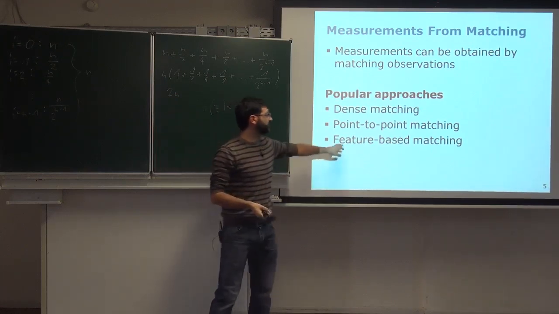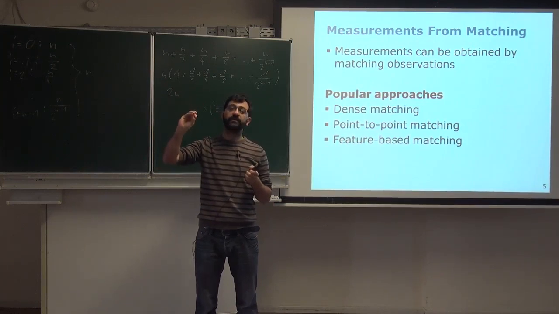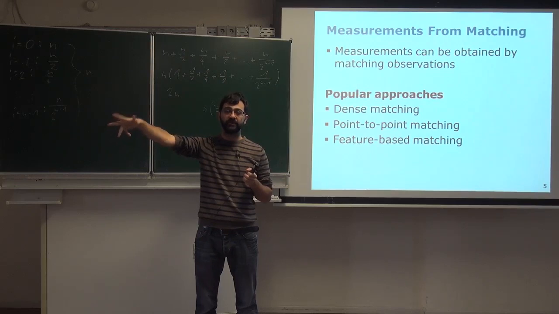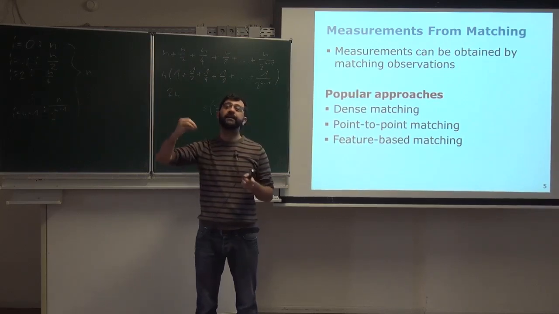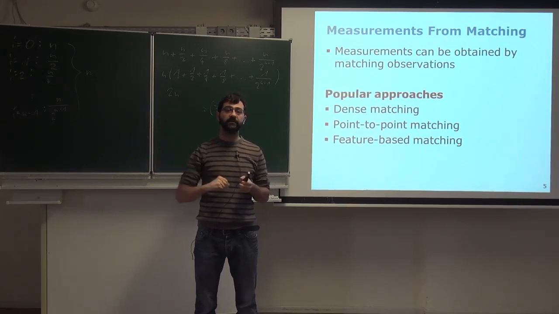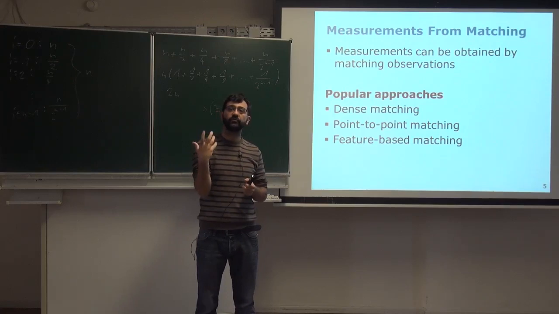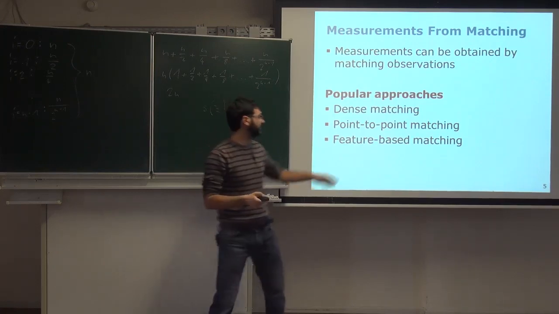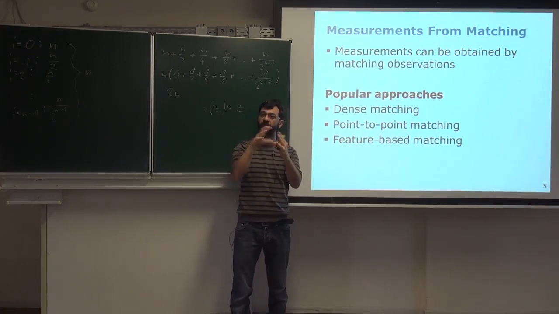When we talk about feature-based matching, we have some geometrical information, that could be pixel coordinates, or it can be xyz in the 3D world, plus some appearance information. That can be the color, a descriptor, or the curvature of the surface around the point, whatever you use to describe the local appearance of the point. The reason you want to use this is because you get better information to associate point with point.